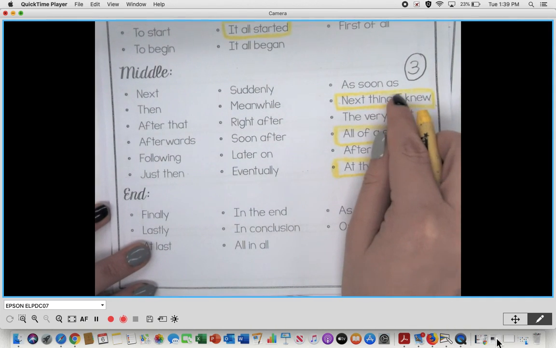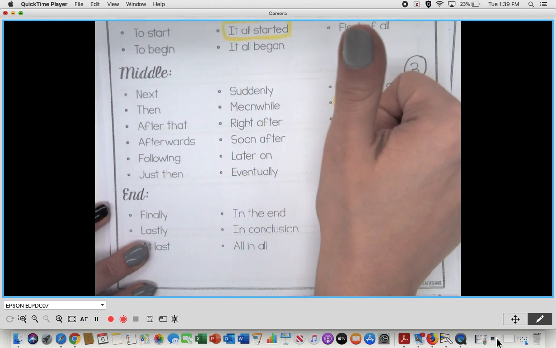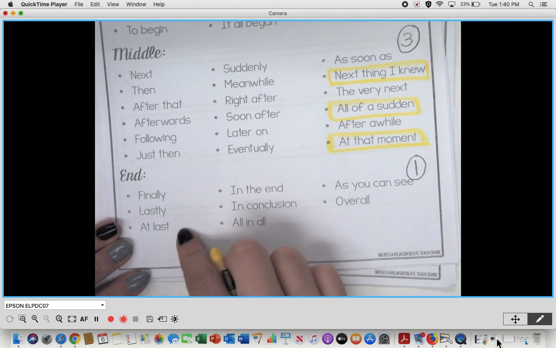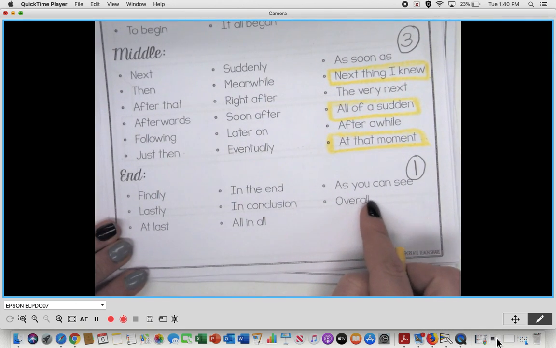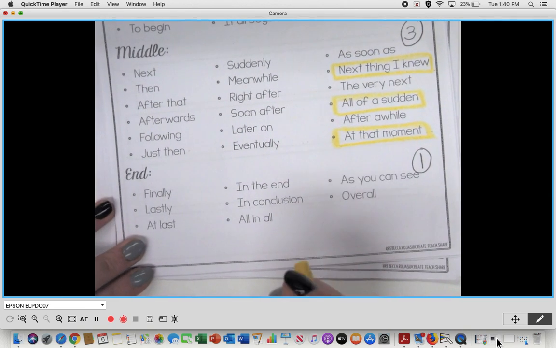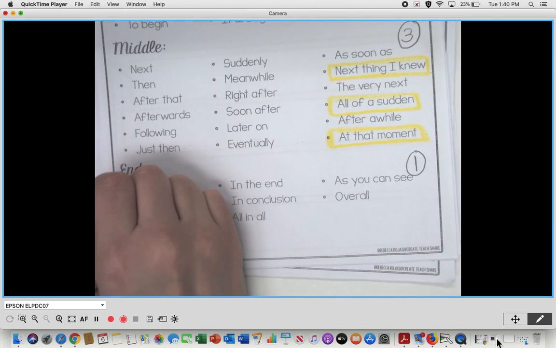And if you end up wanting to select a couple more in this middle section, that is totally okay. And then finally our end, and I'm looking, I'm going to select finally.